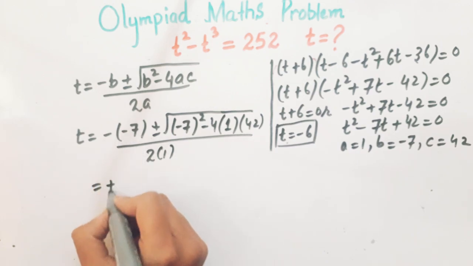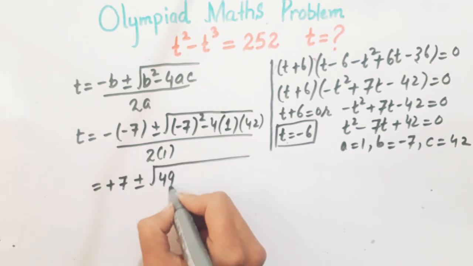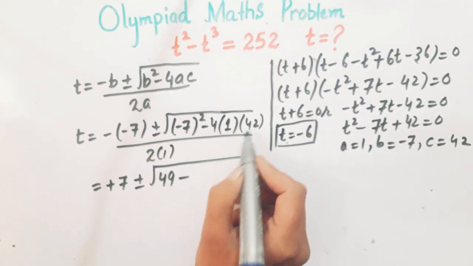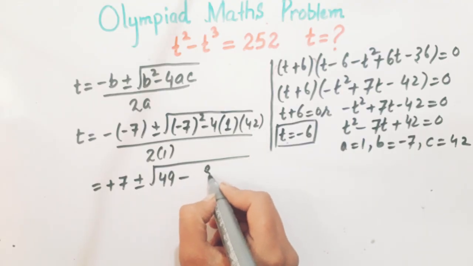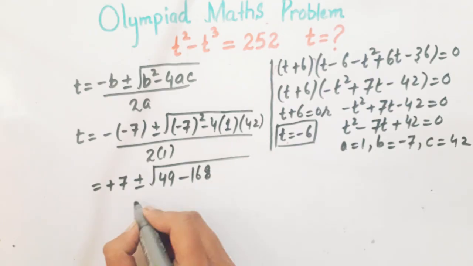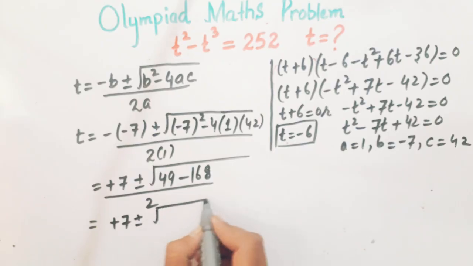So minus minus will be plus, plus minus square root of 7 square is 49 minus 42 into 4, 4 2s are 8 and 4 4s are 16. So this is 168 divided by 2. Now we will subtract 168 minus 49, so it will become equals minus 119 divided by 2.